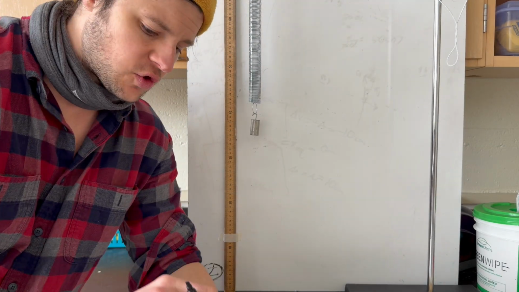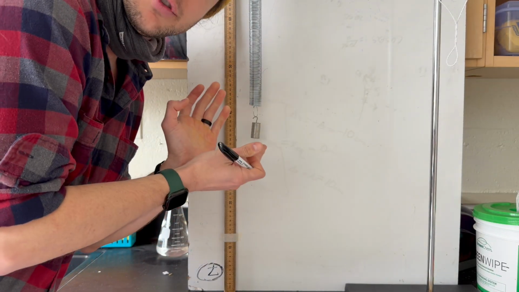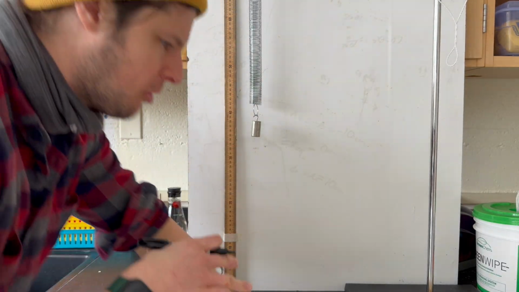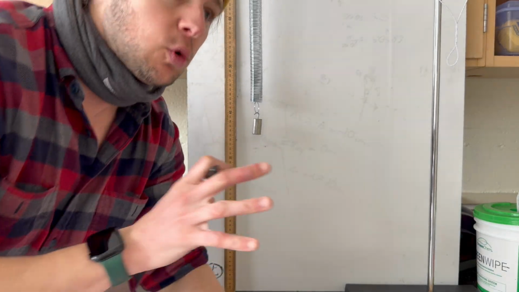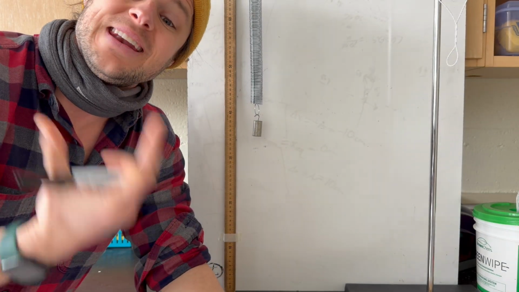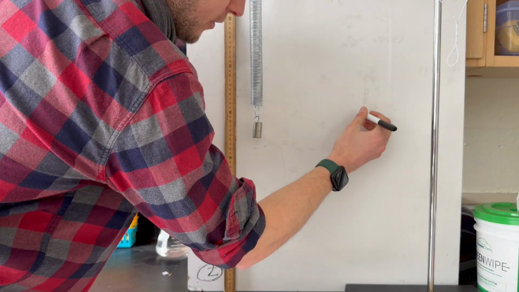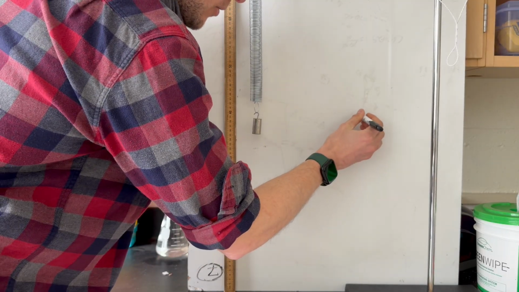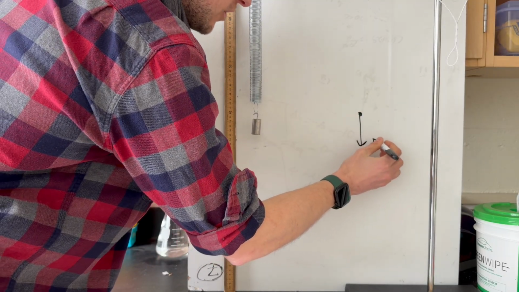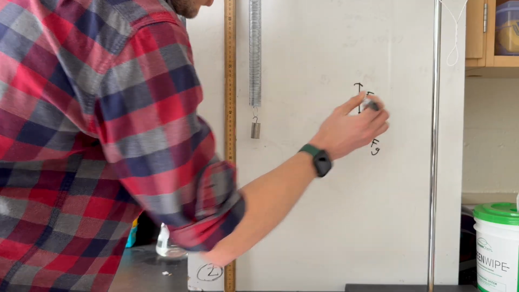All right, so let's take a look at displacement using an actual oscillating system here. So we have our weight on the end of a spring again, and it's important to note that right here is its equilibrium position, right? Now, its equilibrium position is the position where the net force acting on the system is zero. If we drew a free body diagram for the weight at the end of our system, we have the force of gravity pulling down, and then we have the force of the spring pulling back up.